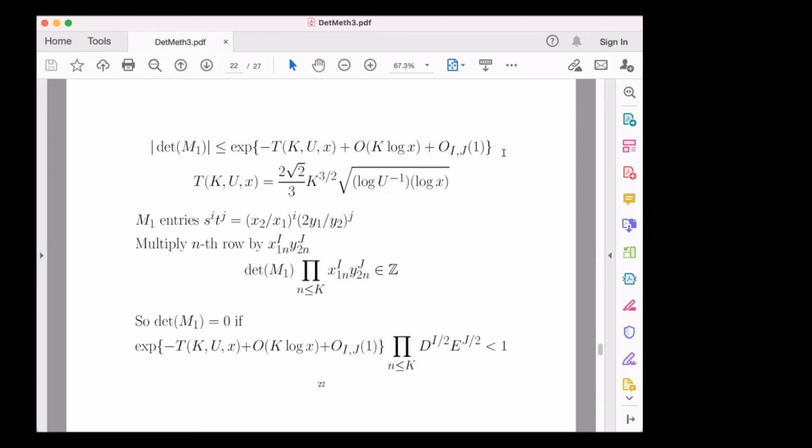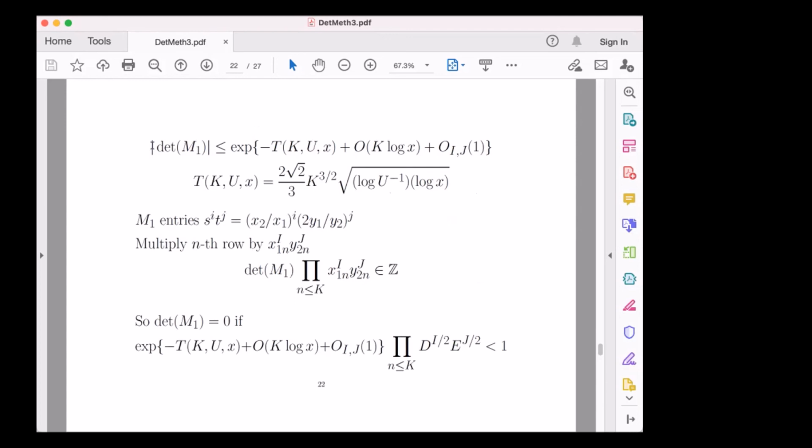And you do a long and tedious calculation and you find that det M1 is exponentially small with a negative exponent capital T given by this expression and some rubbish here.